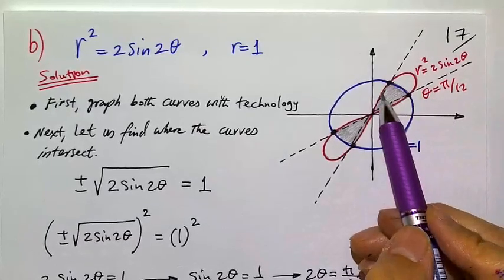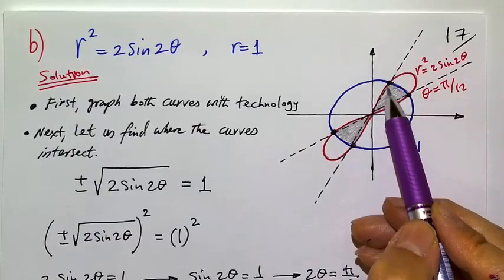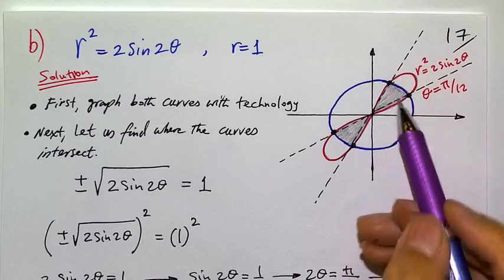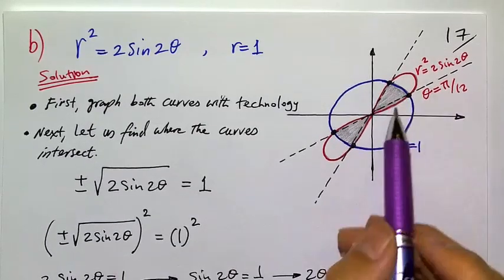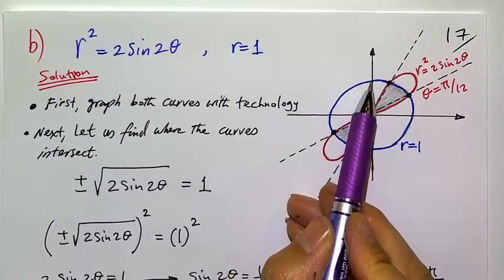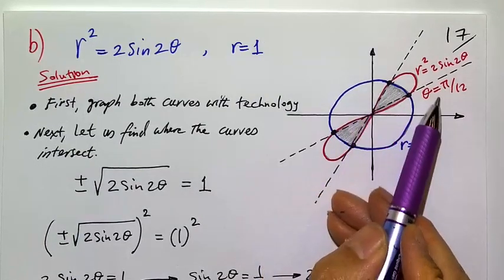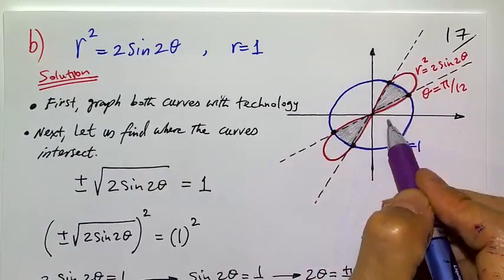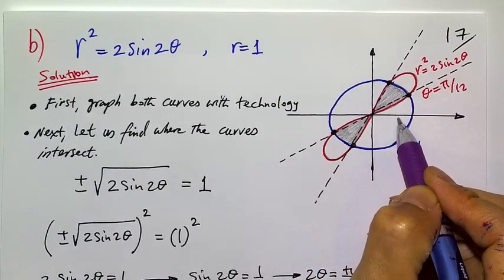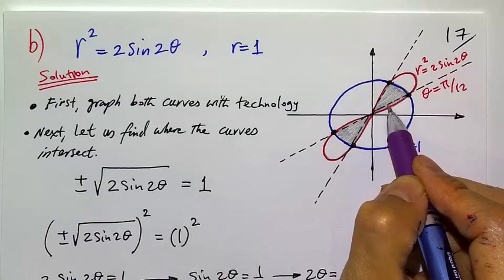So what do you think this one is then? Even though my graph doesn't do justice to it, this is pi over 2 minus pi over 12, right? Because we're taking the angle theta from the positive x-axis to that line.